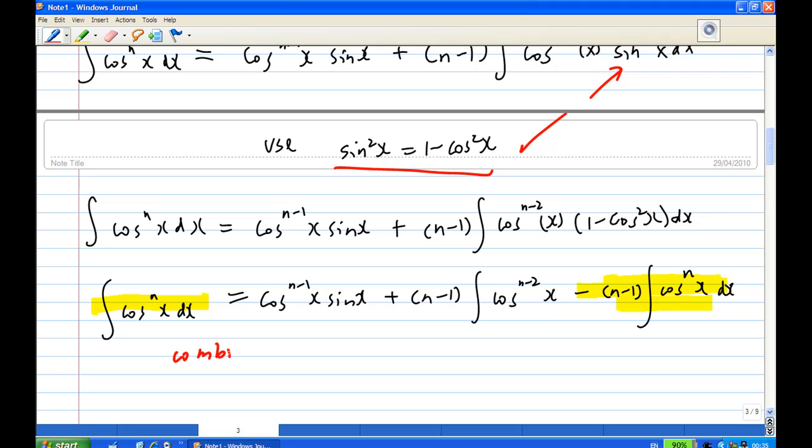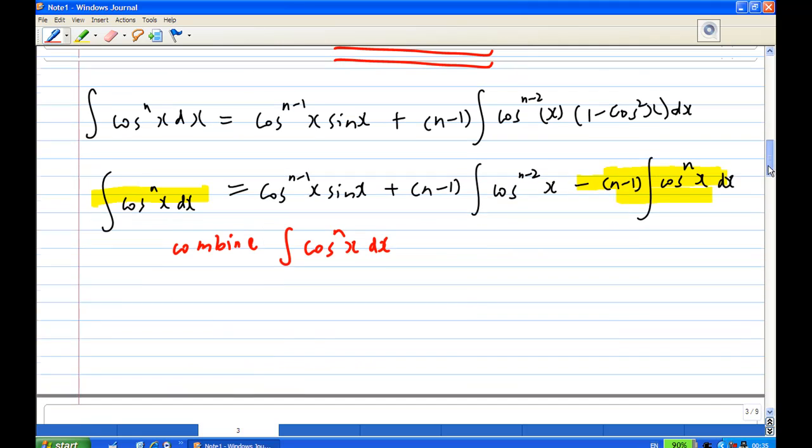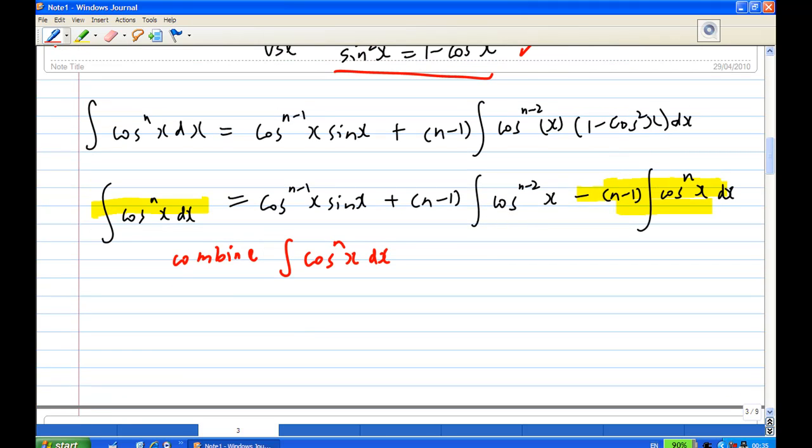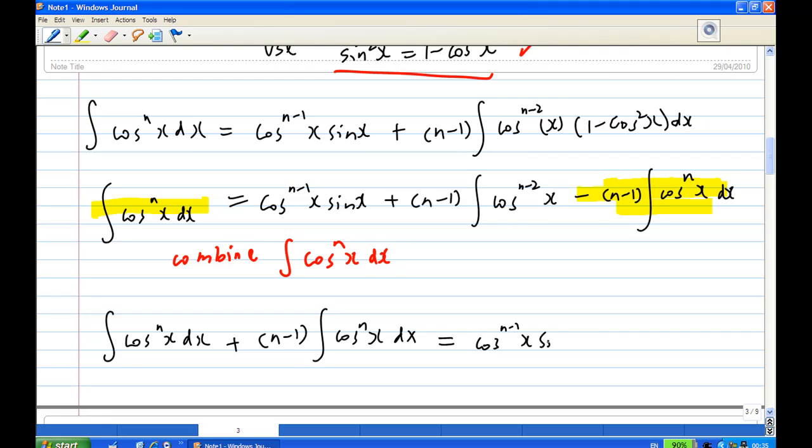So the integral of cosine x raised to the power n dx plus n minus 1 times the integral of cosine x raised to the power n is equal to, on the right hand side, cosine power n minus 1 x sine x plus n minus 1 times the integral of cosine power n minus 2 x dx.